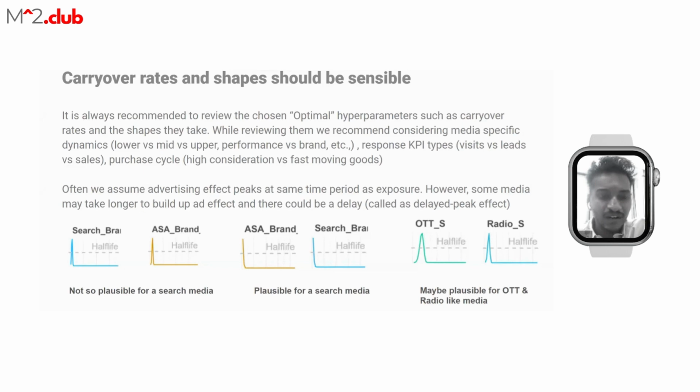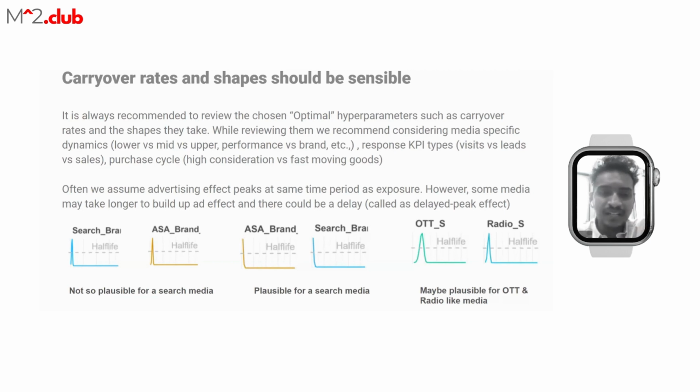For example, for branded search, we may expect a click, and we may expect the effect of that click to happen right away, not after some days. So here in this case, on the left, you could see that the model is suggesting that the Apple search brand has a delayed peak effect.